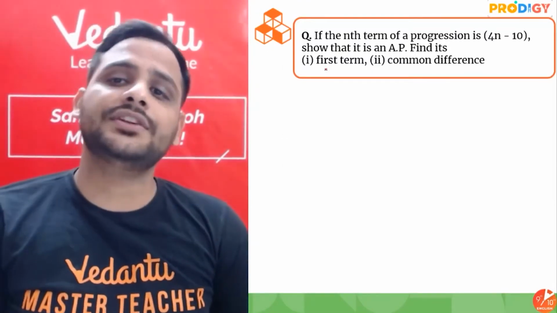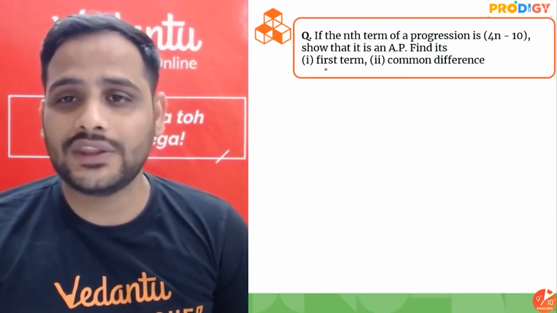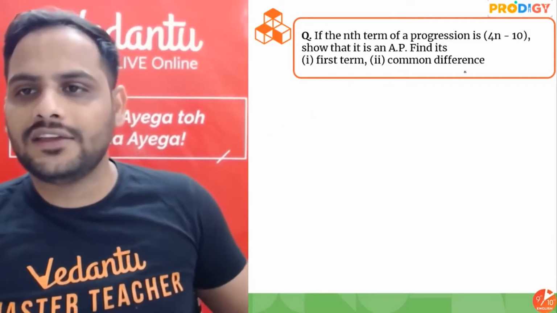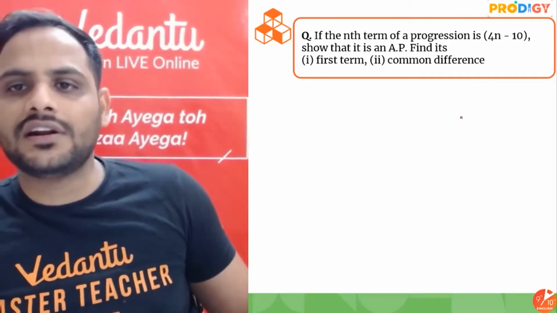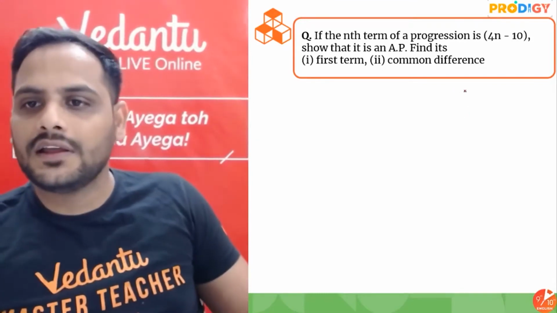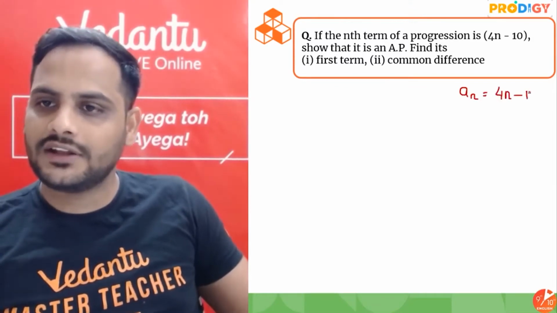If the nth term of a progression is 4n minus 10, show that it is an AP, find its first term and common difference. So guys, I got to know that the general term or nth term of this AP, an, is given as 4n minus 10.